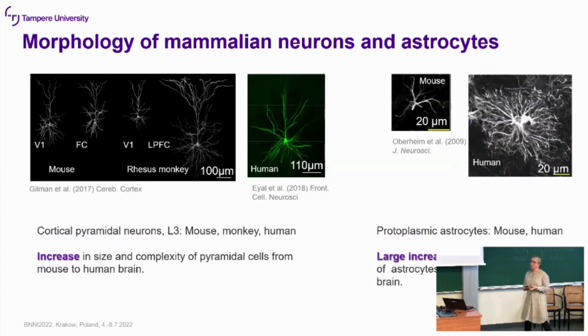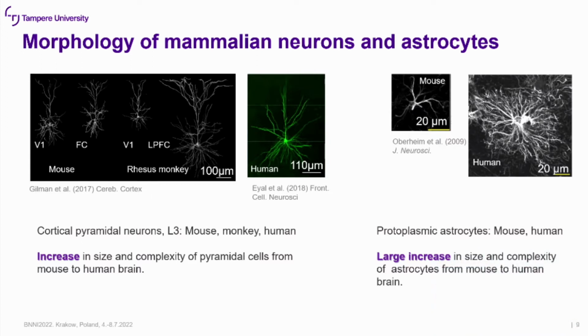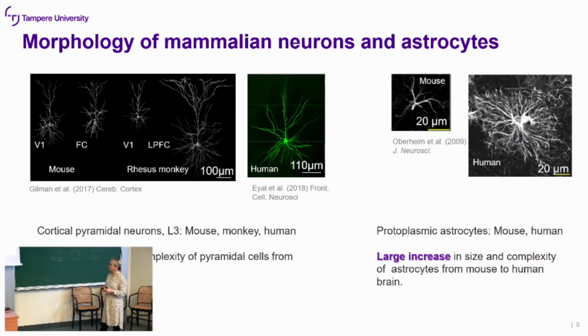When we compare the morphology of mammalian neurons and astrocytes, we see that for mouse, monkey, and human there is an increase in size and complexity of pyramidal cells, for example, between mouse and human. But what we don't normally think about is that when we compare the cortical astrocytes from mouse to human, we see a large, I would even say a huge, increase in size and complexity when we move from mouse to human.